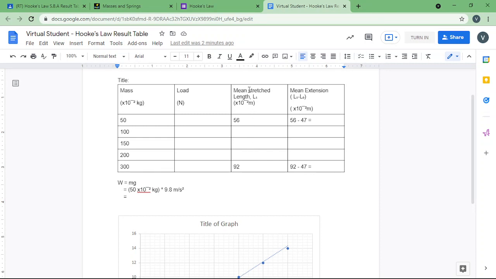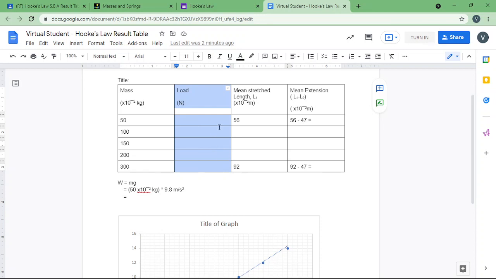So this information here, mean extension or mean length, is on the x-axis, and this is on the y-axis.